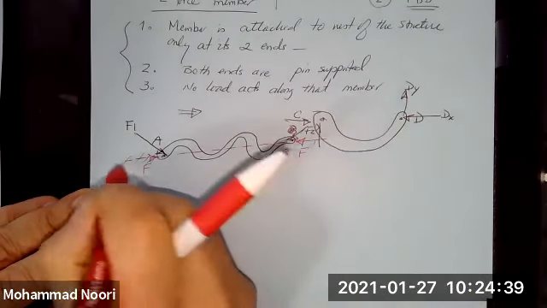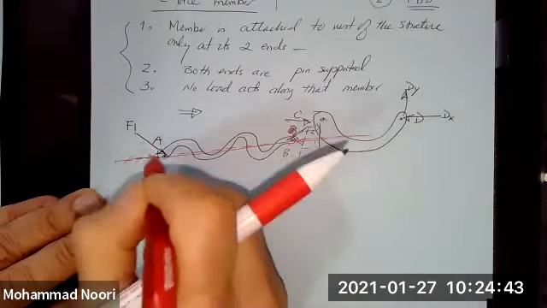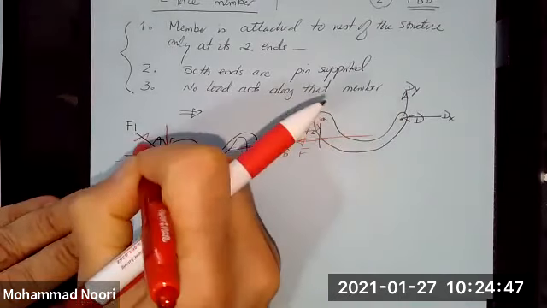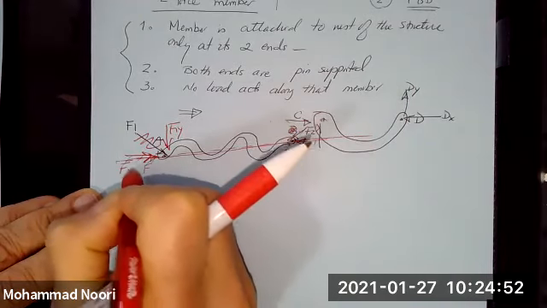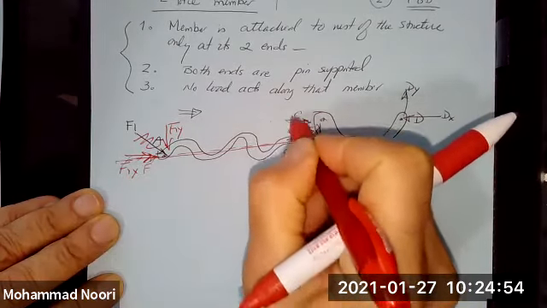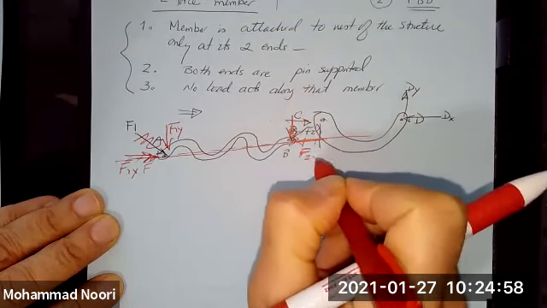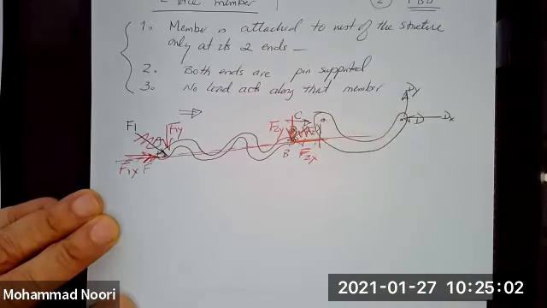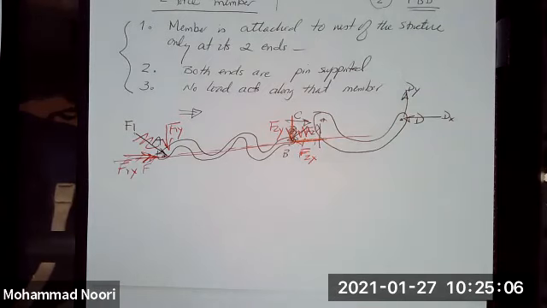What I will do, I will connect these two ends and then resolve these two forces into their components. So F1y, F1x. I'll do the same thing here. So I have F2x, F2y. So that's how this structure is in equilibrium, right?